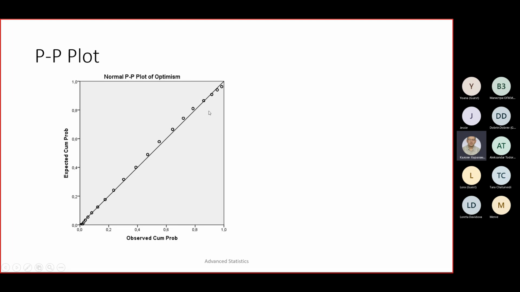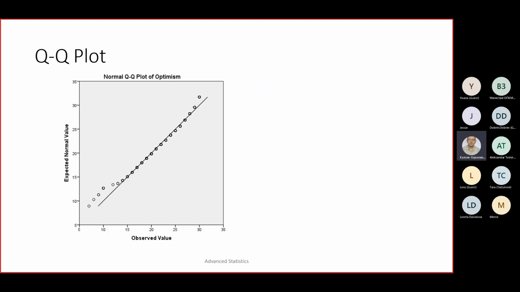In our case, some of these points are on the line, some of them are very close to the line, so we can say that these two distributions, our empirical distribution and normal distribution, are very close. The QQ plot is similar.